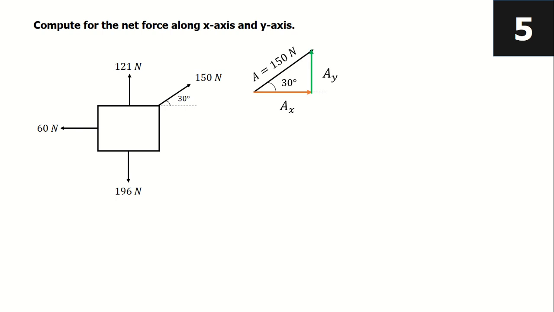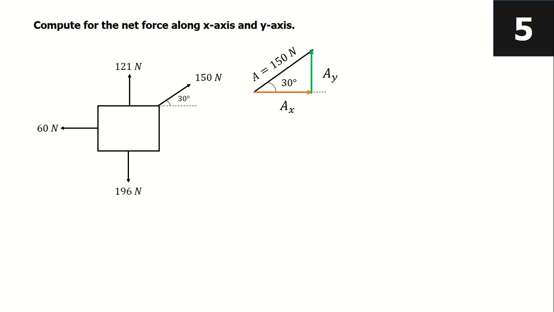Since you cannot add the 60 newtons with the 150 newtons, since the 150 newtons is not parallel to the x-axis, in your summation you should not simply sum 60 newtons and 150 newtons.